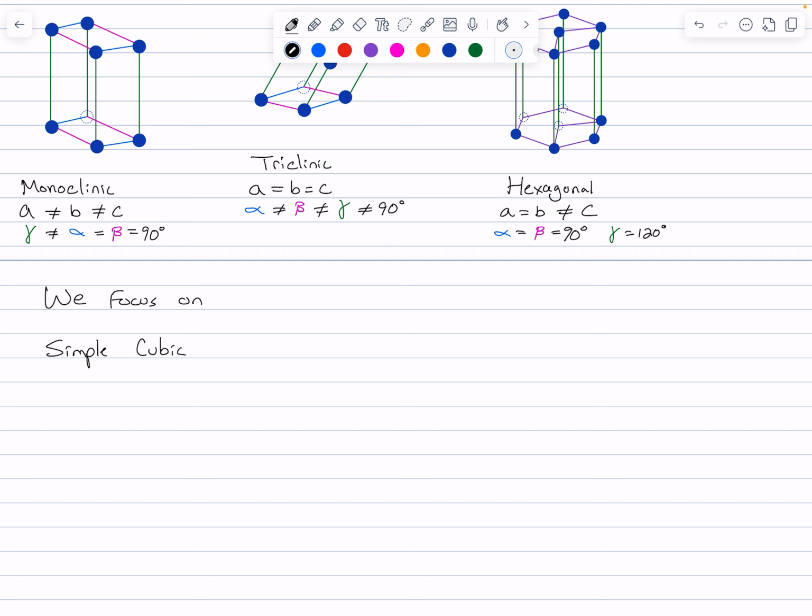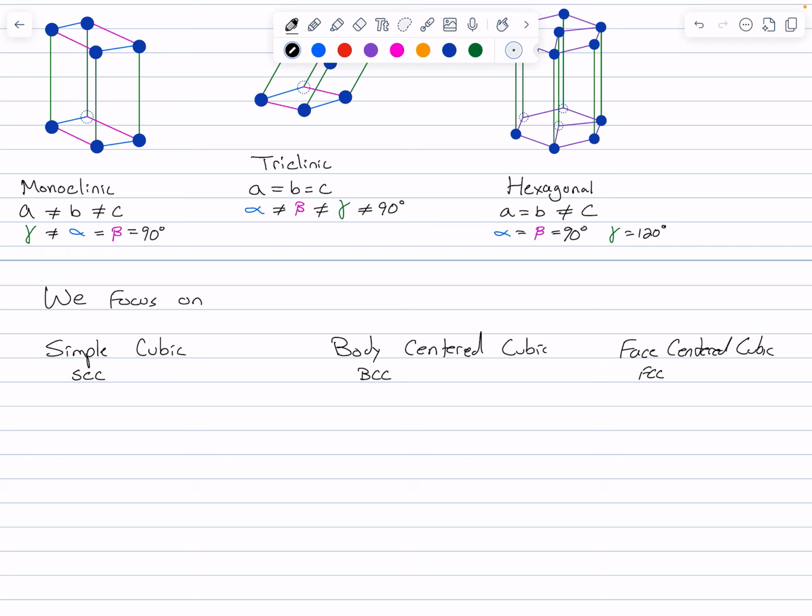Then we'll have body centered cubic and face centered. Sometimes they abbreviate it SCC, BCC, and FCC.